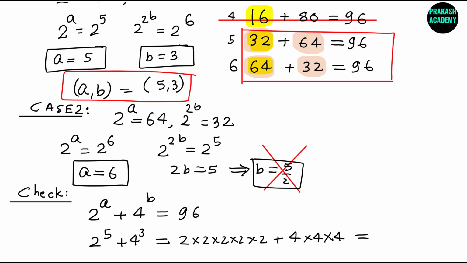So 2, 4, 8, 16 and then 32. So this is 32 plus 64, which is equal to 96, and that is what we have on the right hand side. So this solution satisfies the original equation.